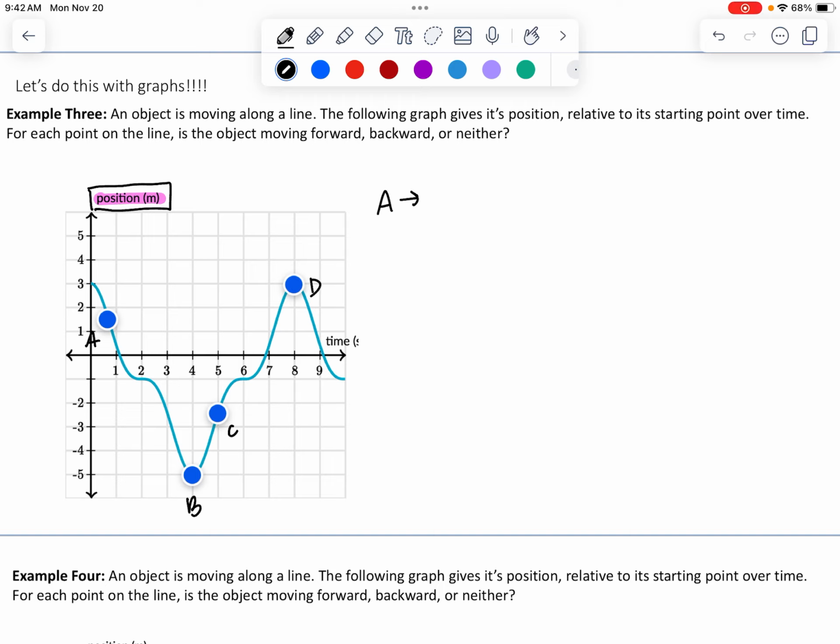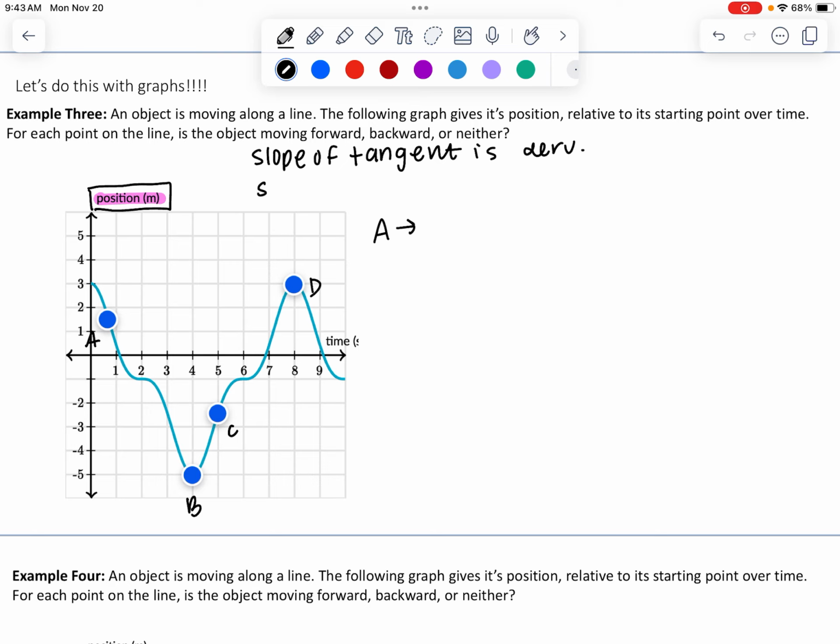So the idea of, is an object moving forward, backwards, or neither? Well, that's a question that we answer with the velocity, but we're given the position graph right here. And so you might be like, what do I do? Well, this is the best part of all, and that is, if you remember, the slope of the tangent is the derivative. So how does that apply here? Well, the derivative of position is velocity.